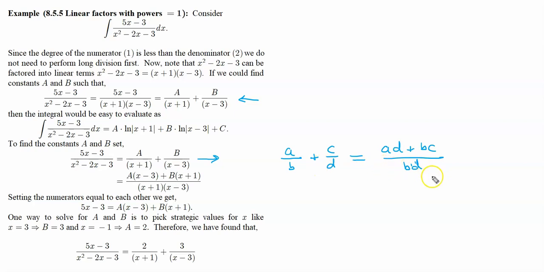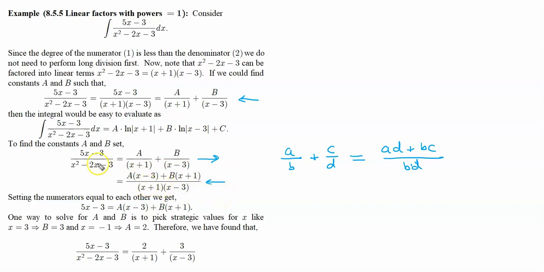Okay, and that's the same as finding a common denominator. And when we do that, we get a times x minus 3, see right there it is, plus b times x plus 1 right there, divided by the x plus 1 times x minus 3. Okay, so right there that is.